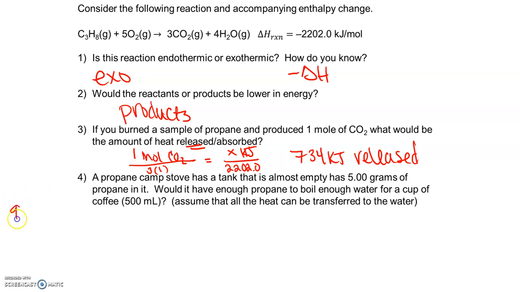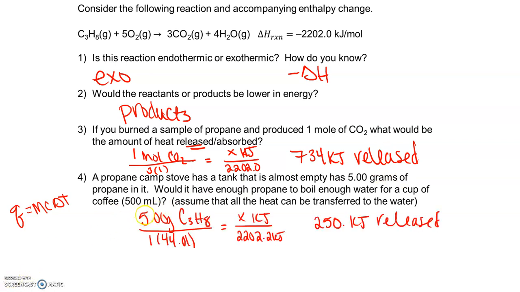And so that's the equation that we're going to use. And remember, Q equals MCΔT looks at the amount of energy required to do something. And so the first thing I'm going to do is take the 5 grams of propane and figure out how much energy is released when that 5 grams of propane is burned.